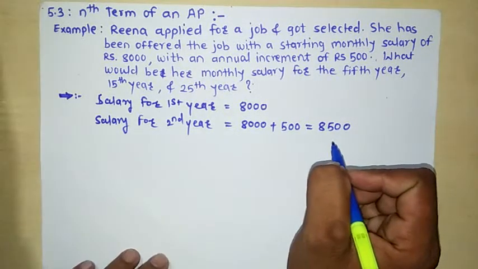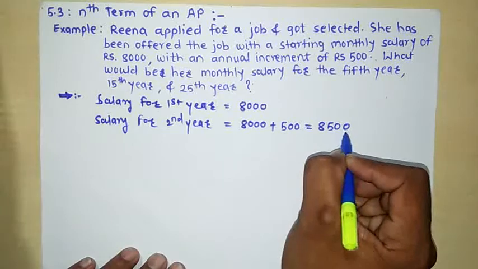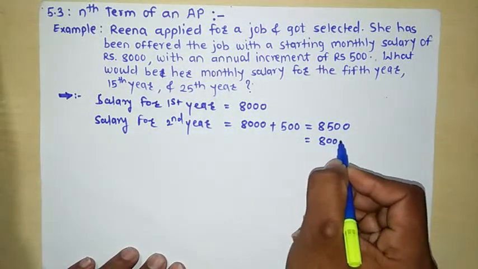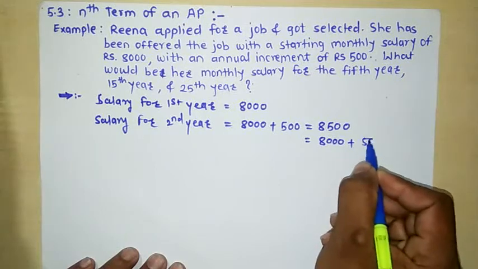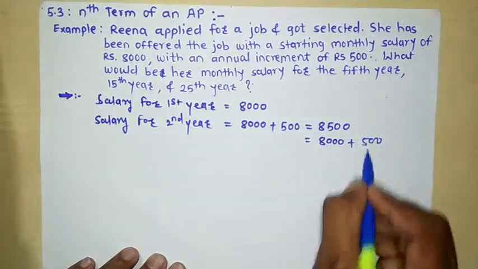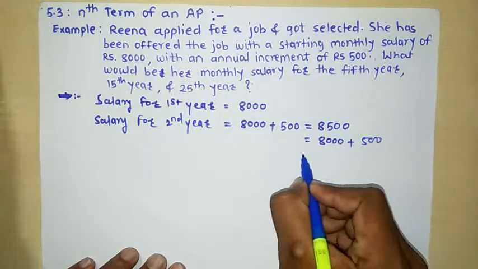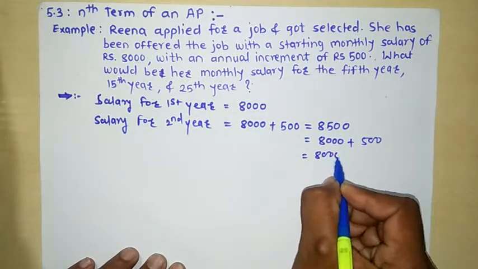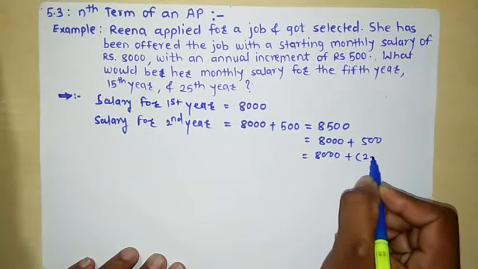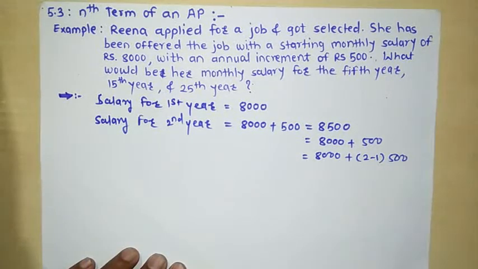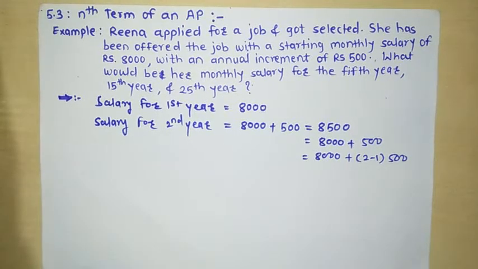Now look at this, friends, this 8,500 can also be written as 8,000 plus 500, and it can also be written as 8,000 plus 2 minus 1 into 500. Don't wonder why I have taken 2 minus 1 here. You will know after the completion of this example.